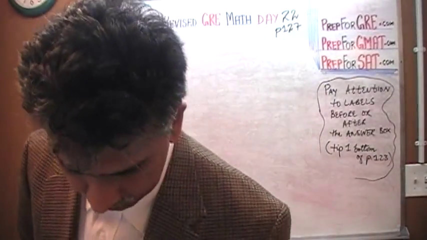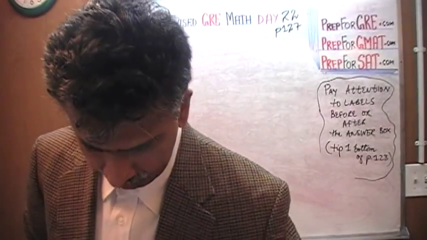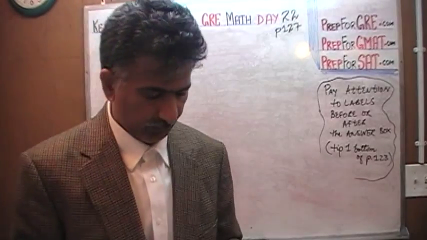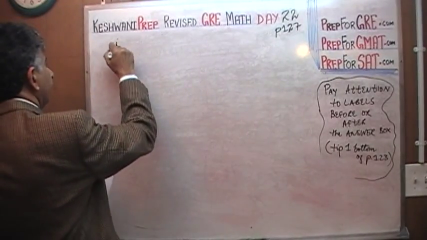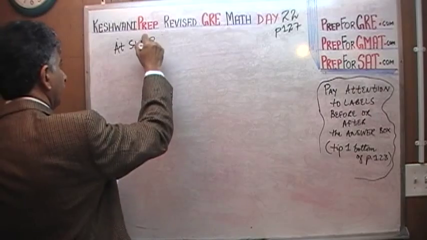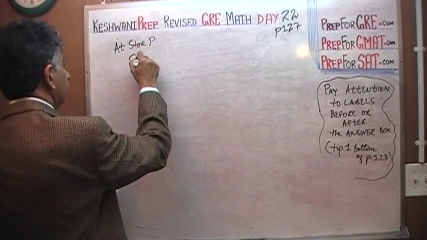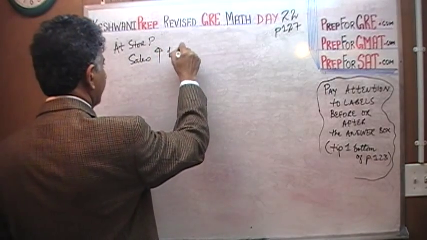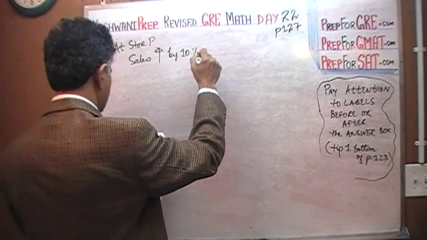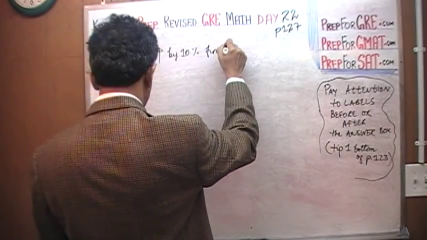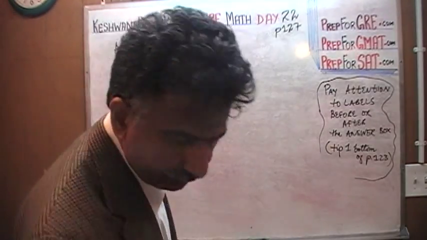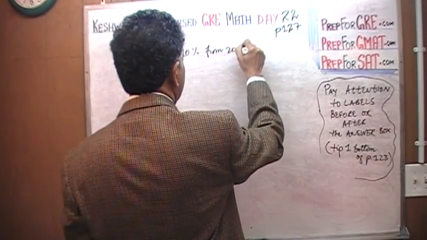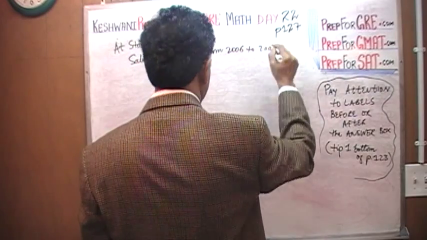I'm going to leave it up to you to read the entire problem. It's a pretty lengthy problem. It's actually a series of 3 problems. It's the very first one I'm doing. So we are told that at store P, the sales went up by 10% from 2006 to 2007.